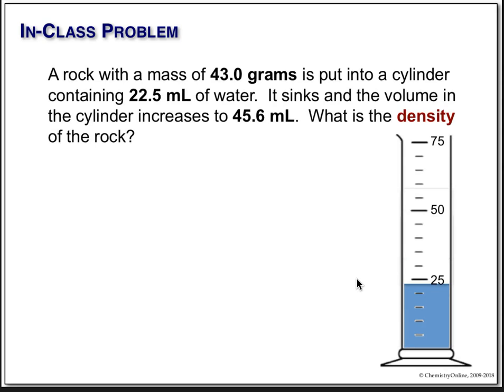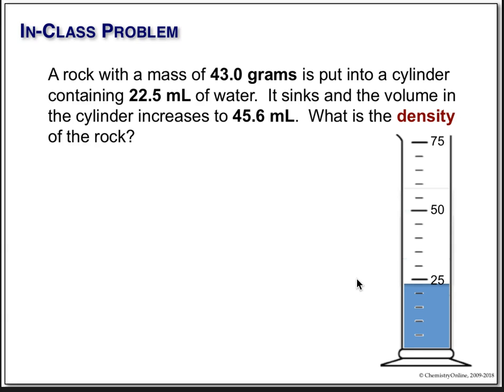All right, here we have a rock. Now, the rock is an irregular shape. But we know it weighs 43 grams. We want to know the density of that rock. The problem is we know its mass, but how do we know its volume?